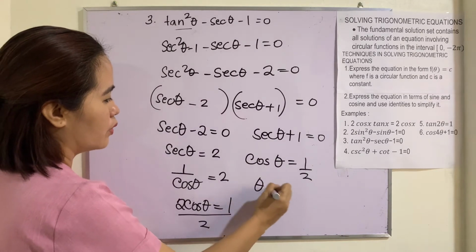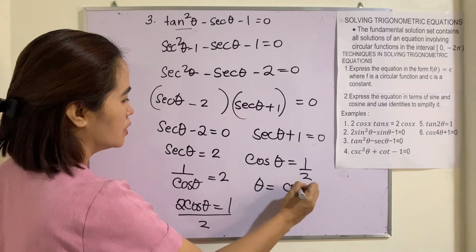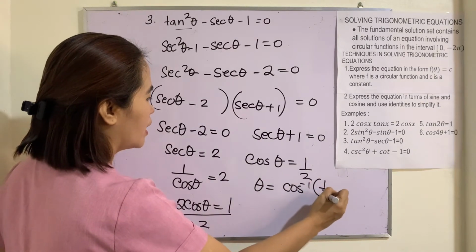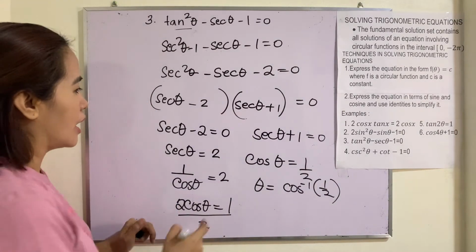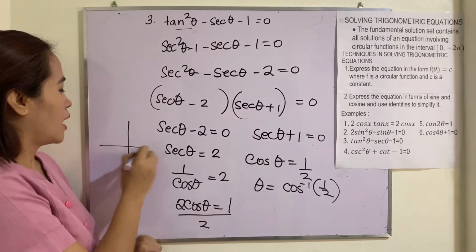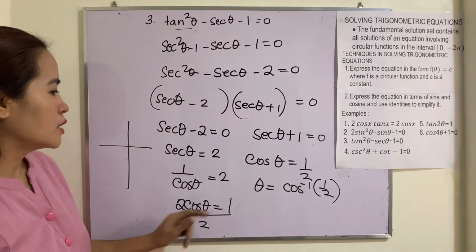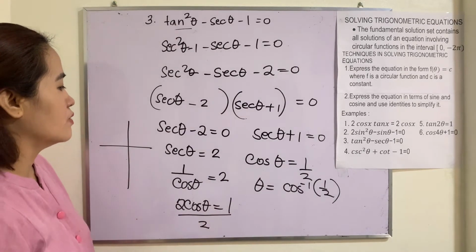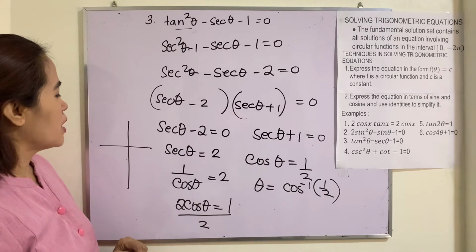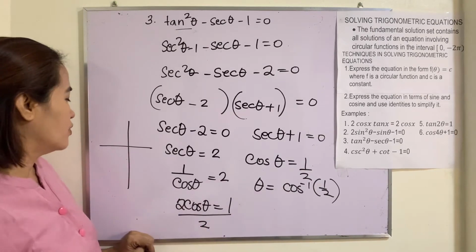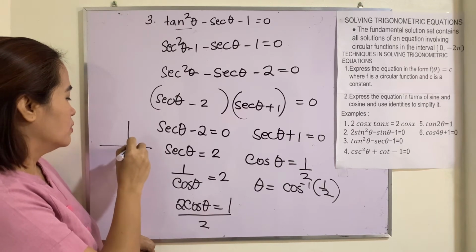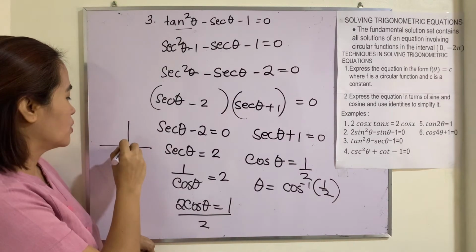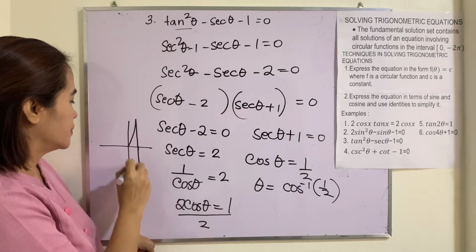And theta, therefore, is equivalent to arc cosine 1/2. Okay, to get the value of theta, I will draw again a unit circle. Cosine is positive. So if it is positive and that is equivalent to 1/2, it is in quadrant 1 and quadrant 4. So we have here the angle.